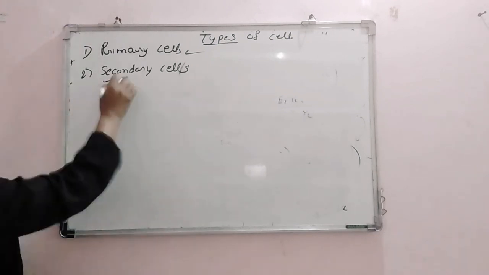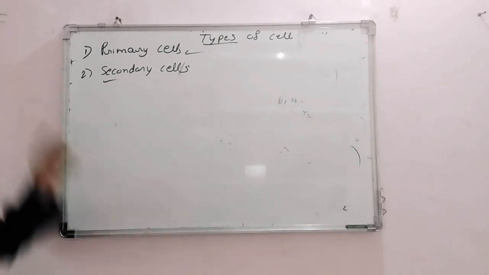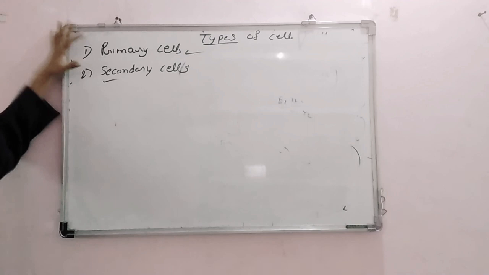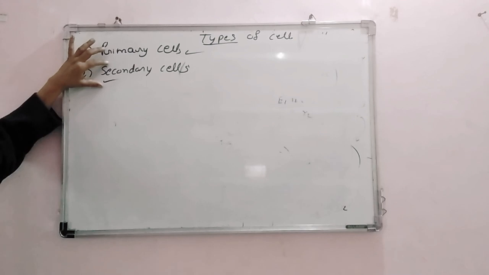The secondary cells are those cells which can be reused again and again. For example, chemical cells, which we are using for the car and vehicles, is it? We can reuse these, we can charge them again and again.